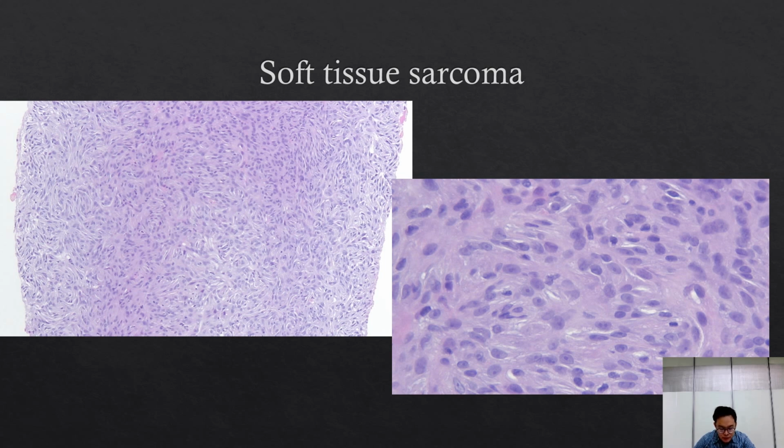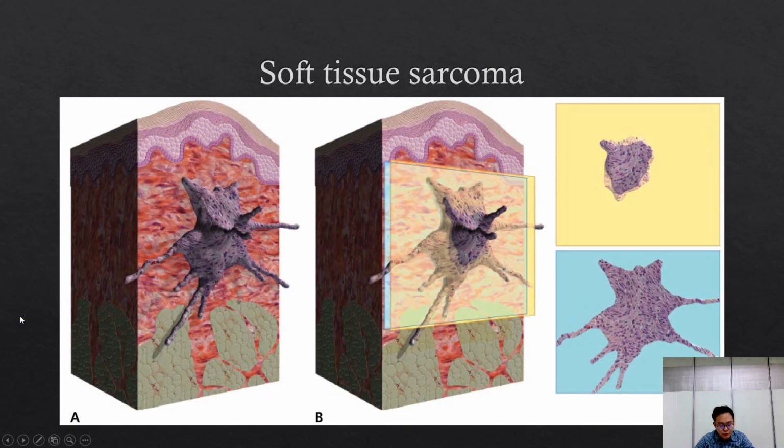Then according to the location, the growth pattern, and the features of mesenchymal cells, we can diagnose different types of sarcomas. This is a pictogram of soft tissue sarcoma.